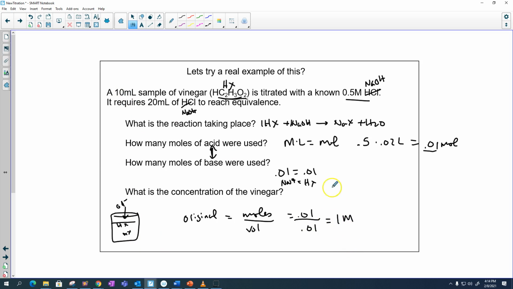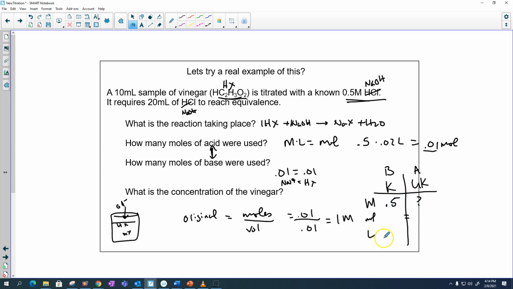You should note that in my known unknown table, it would look like this. Known, unknown. The molarity is known, and the moles are equal. So this known is this guy, and sometimes I like to put a B above it and an A above it just to remind myself, but this is 0.5 and this is unknown.